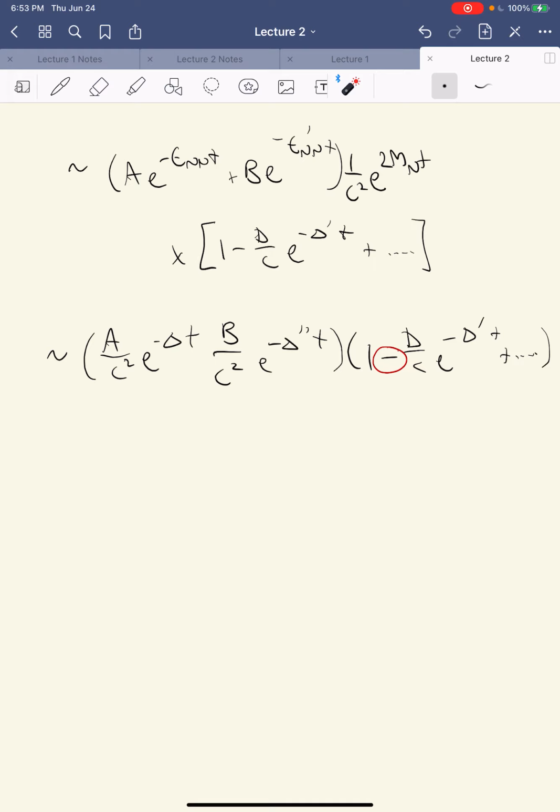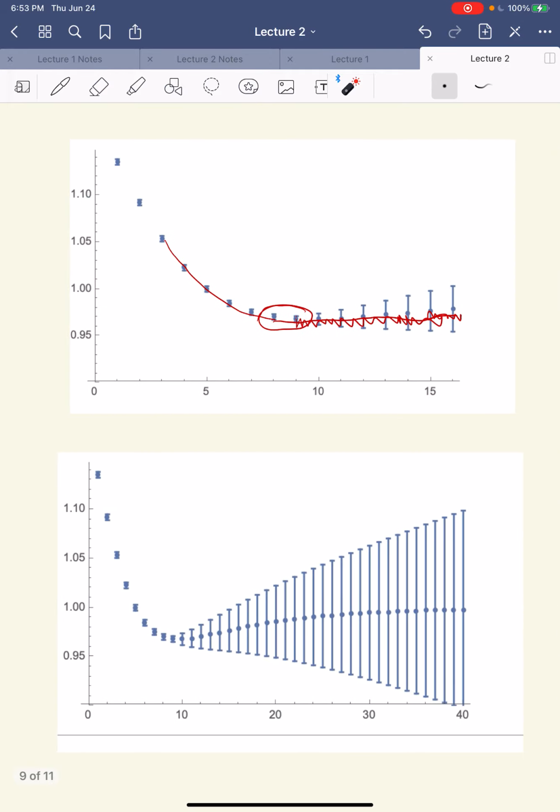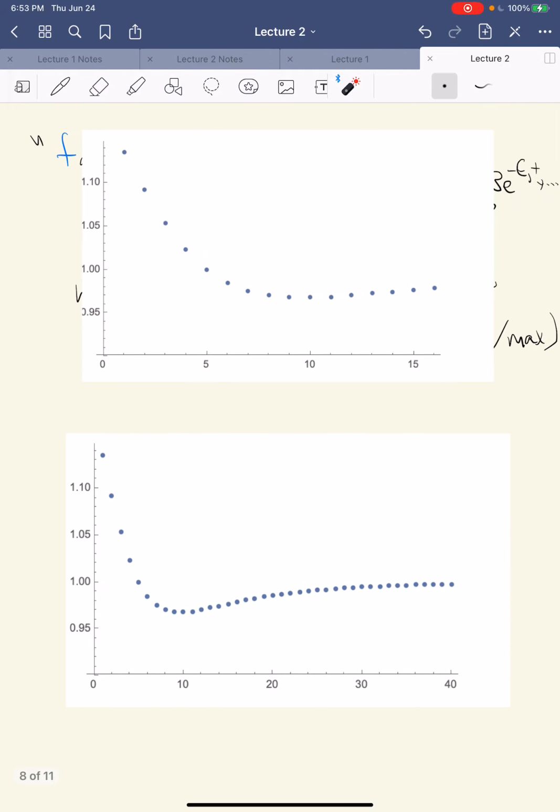I should note, however, that in order to have this cancellation for this local minimum, we have to have terms that are all contributing at roughly the same time, right? So here, for example, at t equals 10, say, in order to get this local minimum, I have to have cancellation between multiple terms that are of roughly the same size at this time.